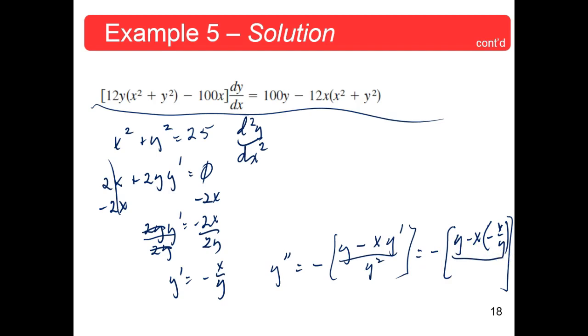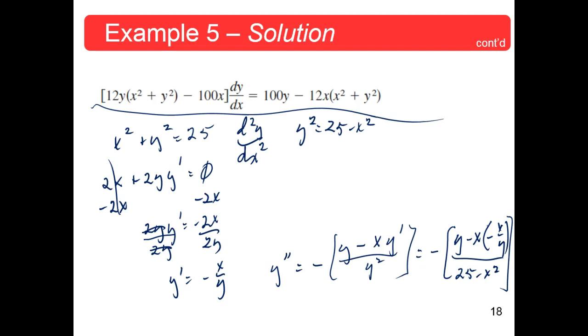Now, I'm real tempted to do this. From my original problem, I know that y squared is equal to 25 minus x squared. Are you okay with putting that into the denominator? No reason not to, is there? So let's do it. 25 minus x squared. I don't know that's any better, but it's there.